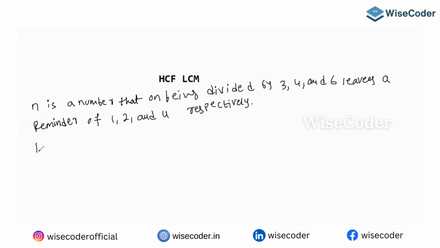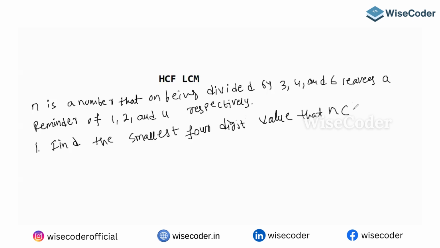You need to find out this. Find the smallest 4-digit value that N can assume.